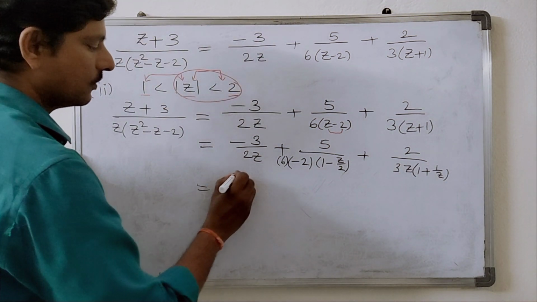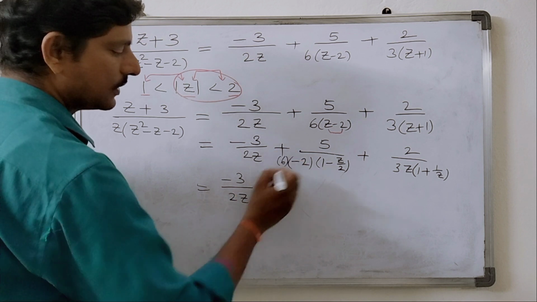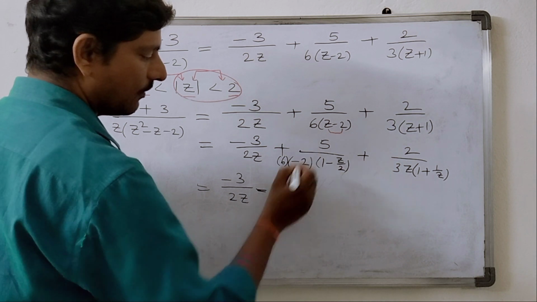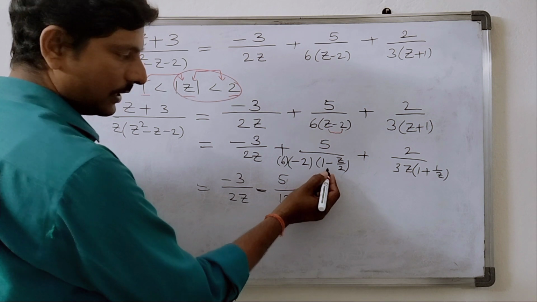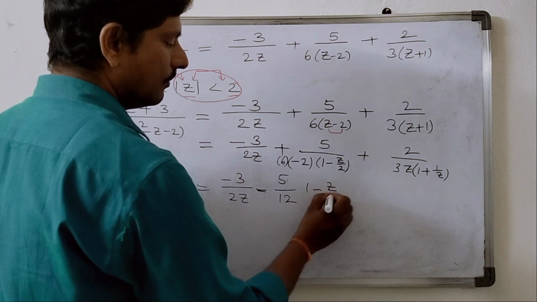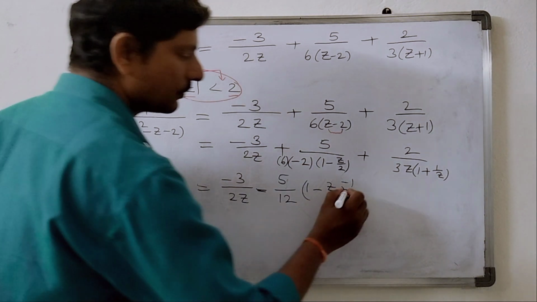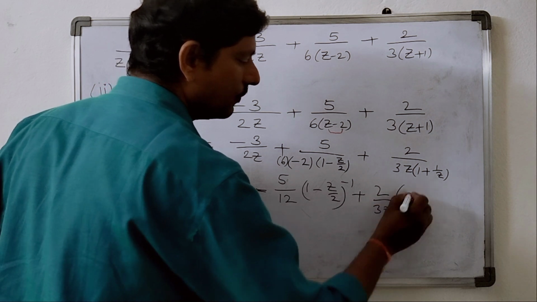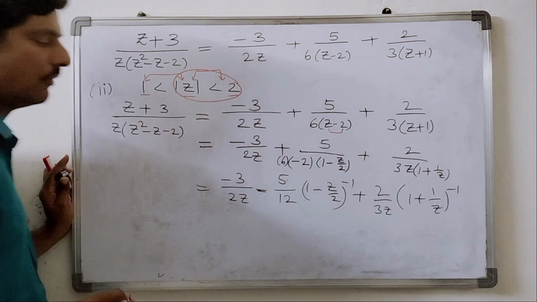Now this is minus 3/2z plus minus 5/12 into (1 minus z by 2) whole power minus 1, plus 2/3z of (1 plus 1/z) whole power minus 1.